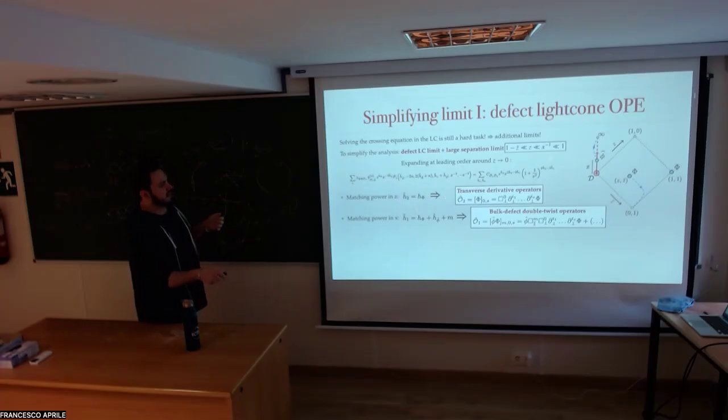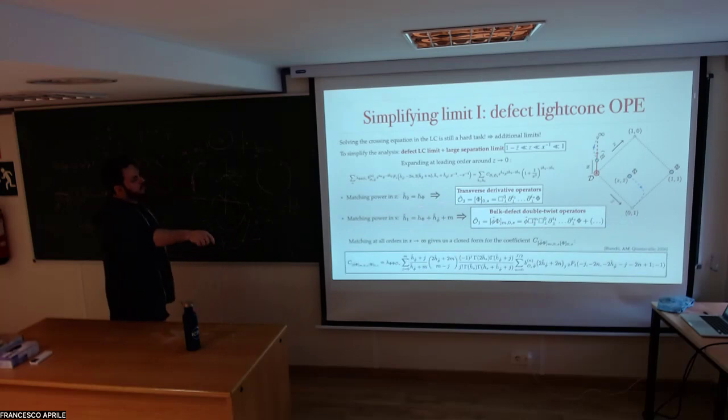Because these are different operators, this is not a normal double twist operator like you would have in a homogeneous CFT. And here M is controlled by the power in 1 over x. And here we have the whole tower, because we are looking at all the orders in 1 over x. And you can see this as the application of some parallel box to the transverse derivative operators.